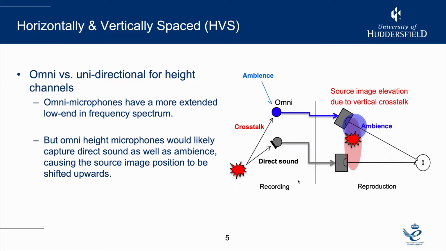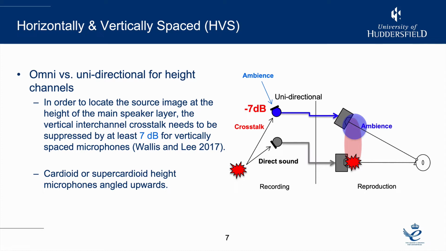The direct sound present in the height channels can be regarded as crosstalk in terms of vertical localization, which causes the perceived source images to be localized in an elevated position. So in order to locate the source image at the height of the main speaker layer, the vertical interchannel crosstalk needs to be suppressed by at least 7 dB for vertically spaced microphones.